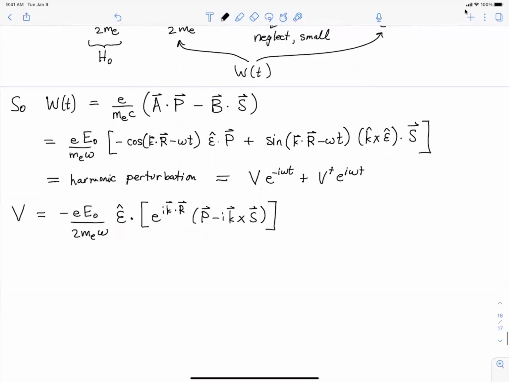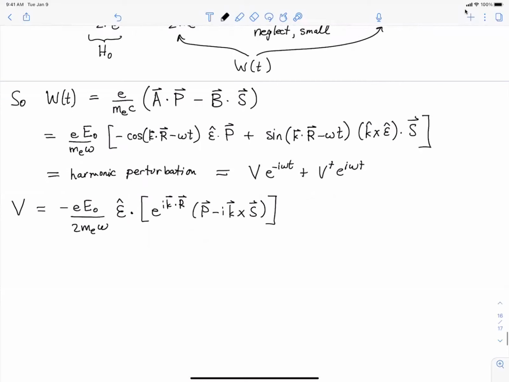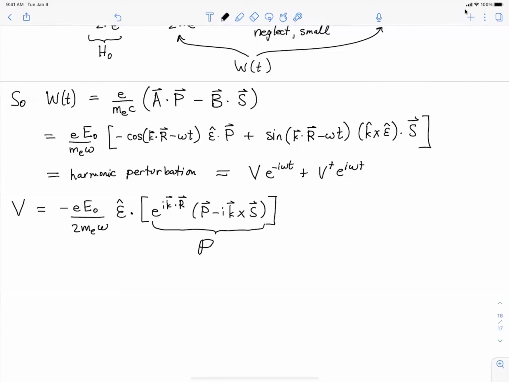Okay, so that's our V, and now we can take matrix elements of that and use what we found for absorption and emission of it in the general case. So to do that, we're going to first give this stuff in square brackets a name. We're going to call this curly P. Notice it's a vector, and it also depends on a vector. It depends on k.